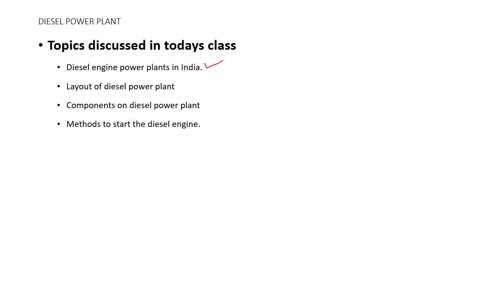Next we discussed the layout of diesel power plant, and various components of diesel power plant and their function, and at last we discussed methods to start the diesel engine. In my next class we will discuss in detail the components of diesel power plant and their functions. After that we will go to hydroelectric power plant.